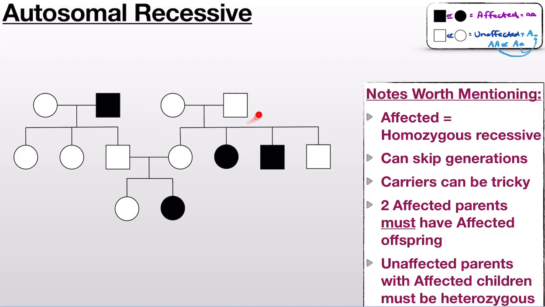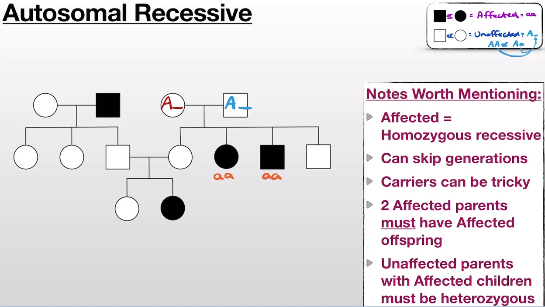For example, right here, they're unaffected, so they have big A. And this one's big A. And then all of a sudden they have this child and this child, which are affected. So that would be little a, little a, and little a, little a.